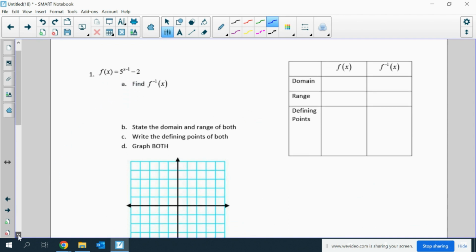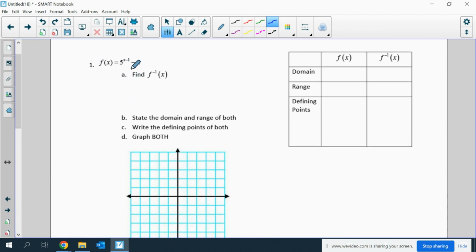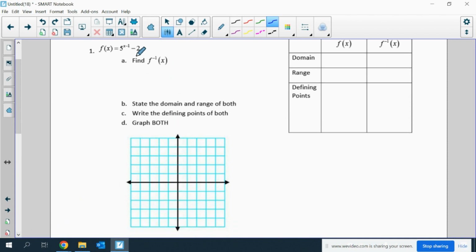Now let's do two quick practice problems. First one is 5 to the x minus 1 minus 2. So let's graph that. That would be 5 to the x. So 0, 1, 1, 5, 2, 25.